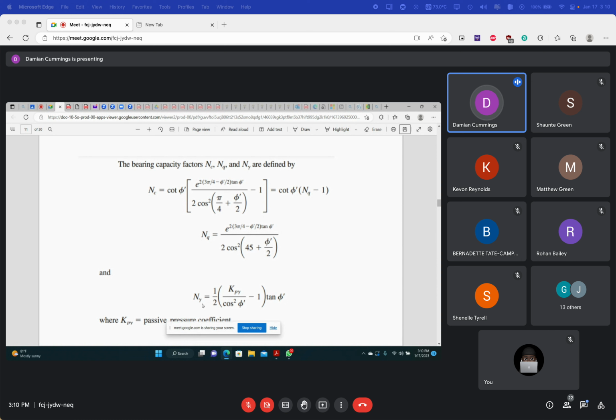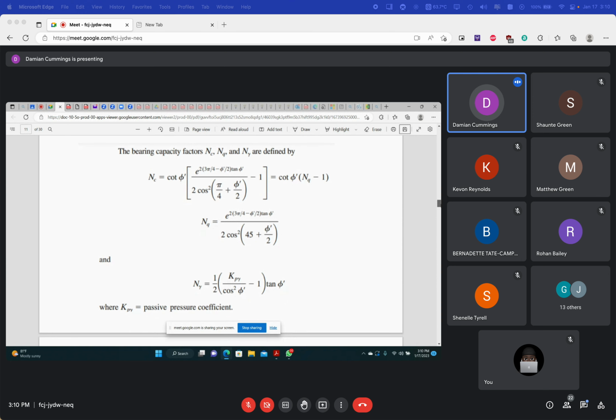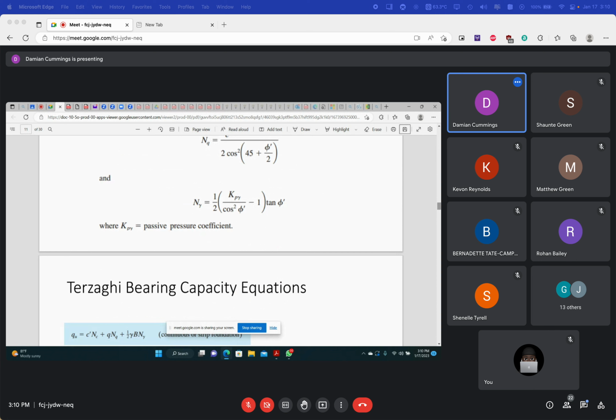And we have N gamma is equal to half of Kp gamma divided by the cos squared of our phi angle, minus 1, times the tan of our phi angle.